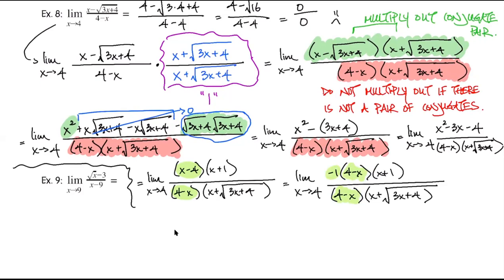That's really nice because now I have a -1 that I didn't have before, so I need to make sure I don't lose that. If you have x minus a number and that number minus x, they are so close, they're almost the same factor, except one of them has been multiplied by -1.